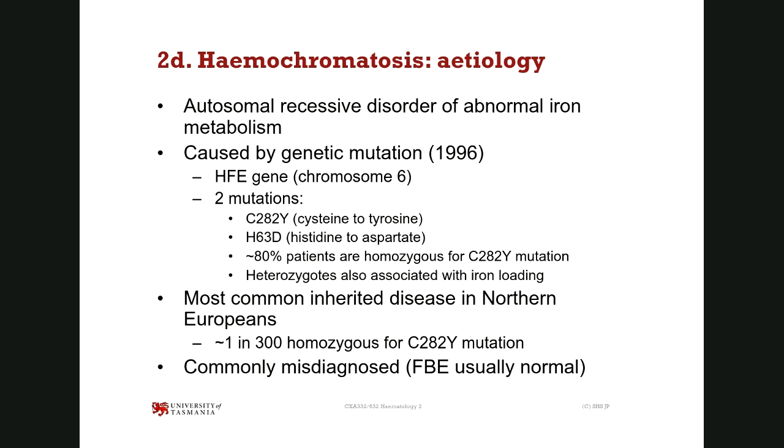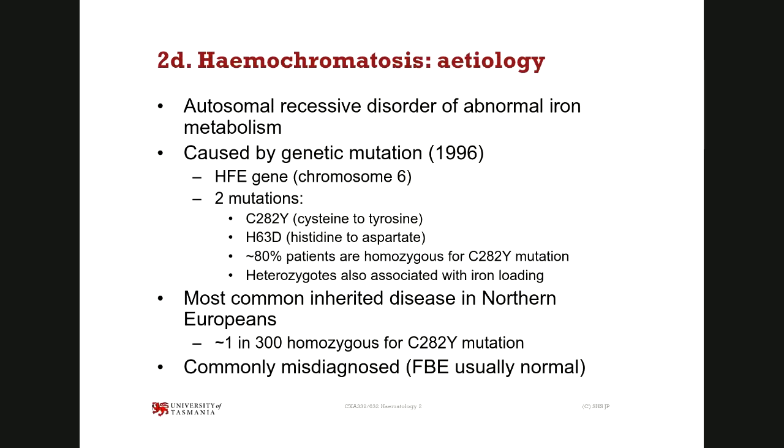We've got C282Y, which is where we get a mutation of cysteine being replaced by tyrosine, and an H63D where we have histidine being replaced by aspartate. So this one here, the C282Y gene, is the most common mutation that we find.